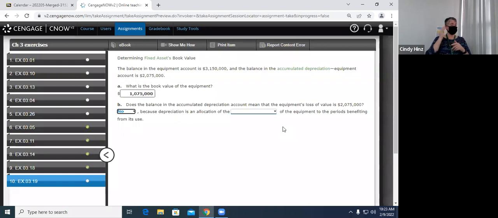Straight line is the easiest. We just report the same every year. The other 2 methods report different amounts each year. The total over the 10 years would still be 82,000, but it's how we divide it up over the useful life. So depreciation is an allocation of the upfront cost of the equipment to the periods benefiting from its use.